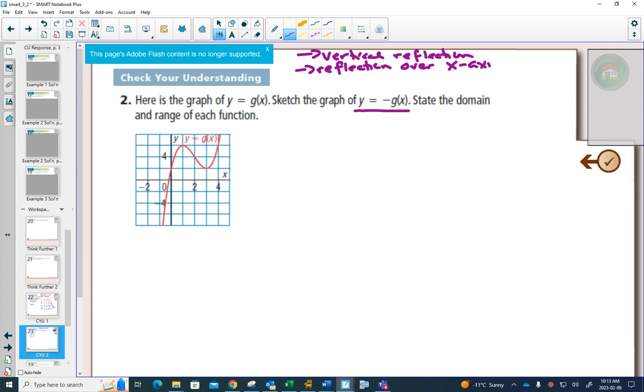That's a reflection over our x-axis. Your x-axis equation is y equals 0. So they could either say reflect over the x-axis, or they could say reflect over the line y equals 0.